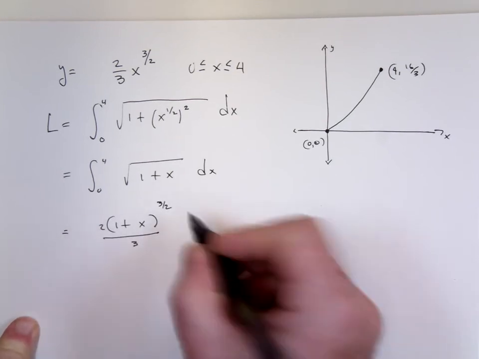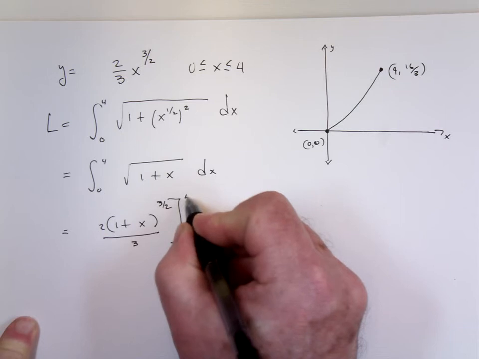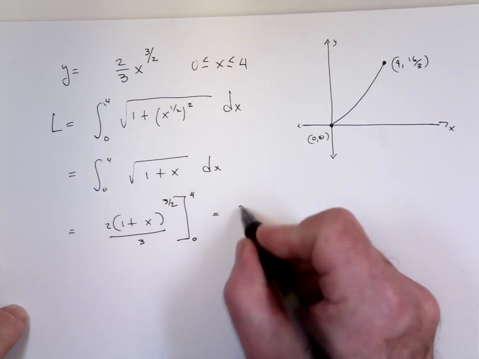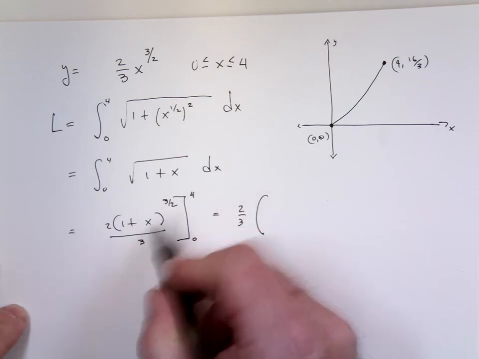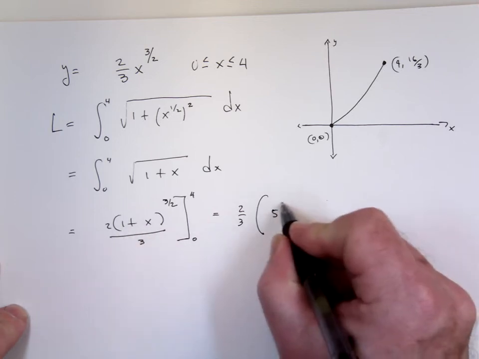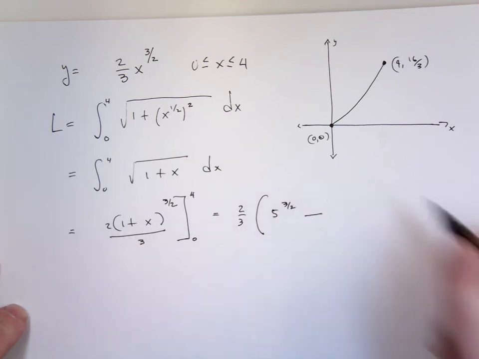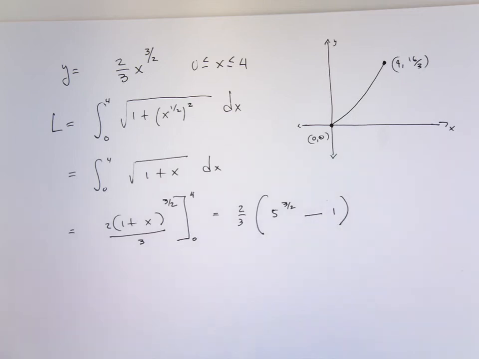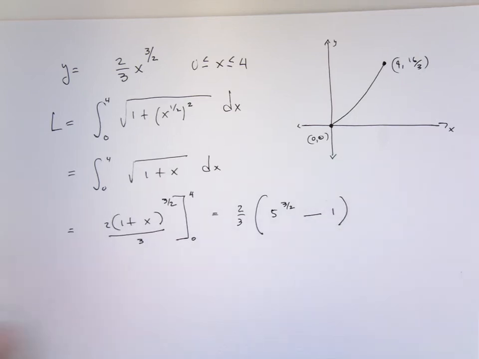From 0 to 4. So that's 2/3. Substitute in 4 plus 1, 5 to the 3/2, minus 0, 1. Wow. That's your answer. 5 to 3/2, whatever that is.